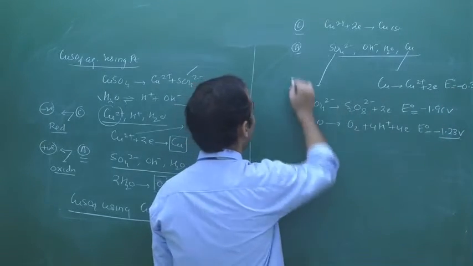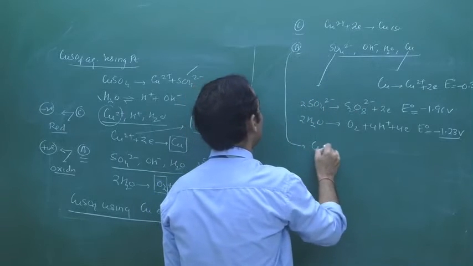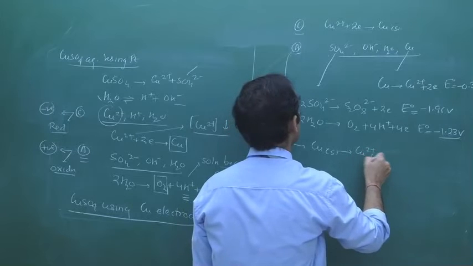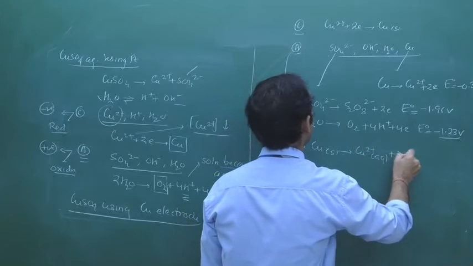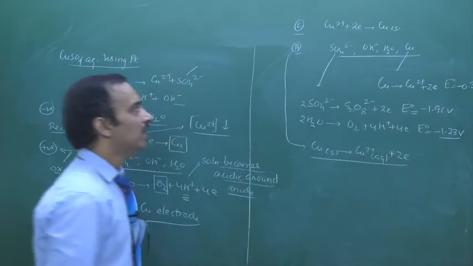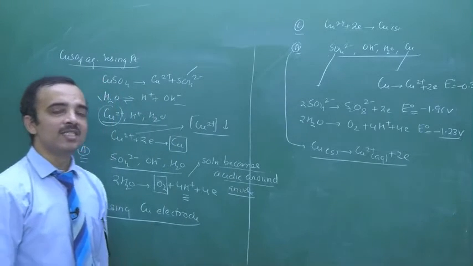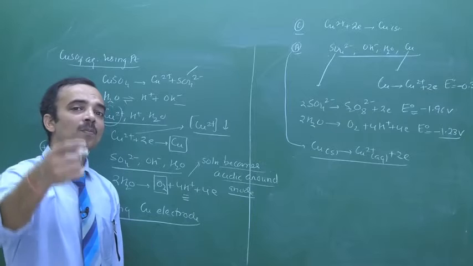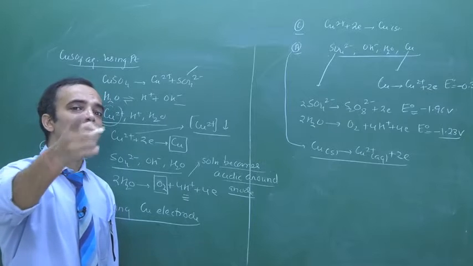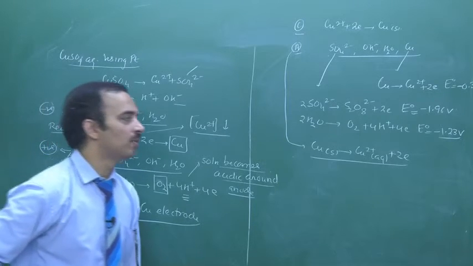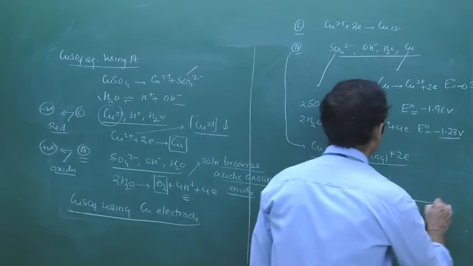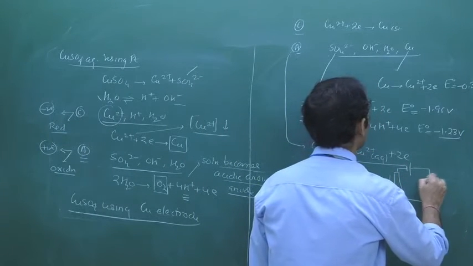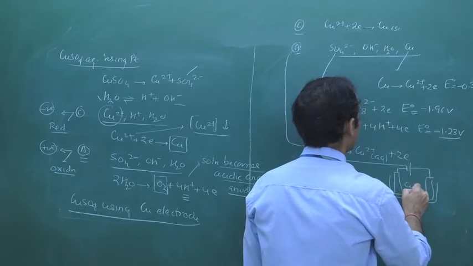So we can say at the anode, what is the reaction here? Cu solid converts to Cu2 plus plus 2 electrons. Now you notice that Cu2 plus ions are reduced, and copper from the anode is also dissolving as Cu2 plus ions. Can you see here?